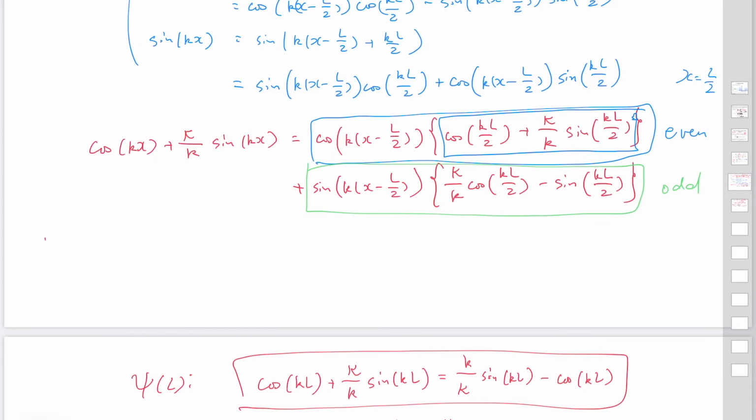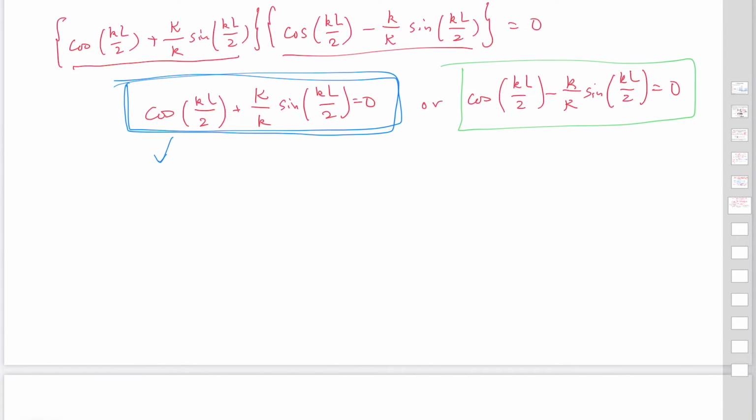So it becomes an odd function. In this situation, Cx becomes A kappa over k cosine kL over 2 minus sine kL over 2, times sine k(x minus L over 2).